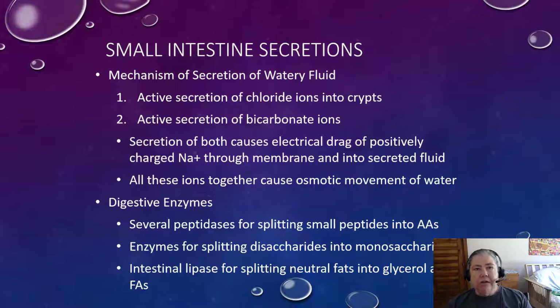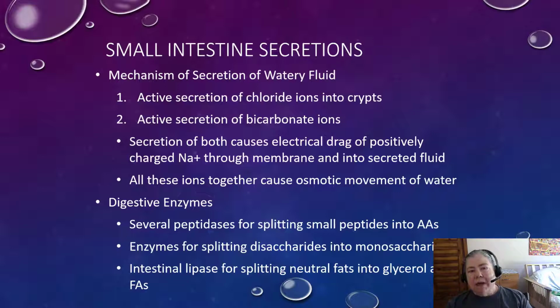In addition to water and bicarb and electrolytes, there are a large number of digestive enzymes that are secreted into the lumen of the small intestine. And we'll talk about those when we get to our little section on digestion.